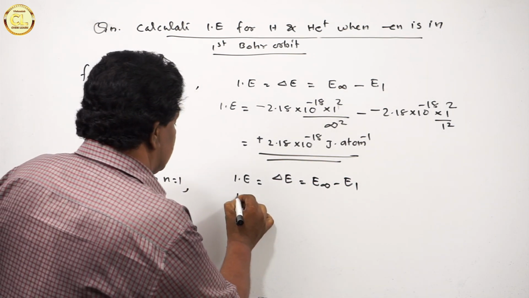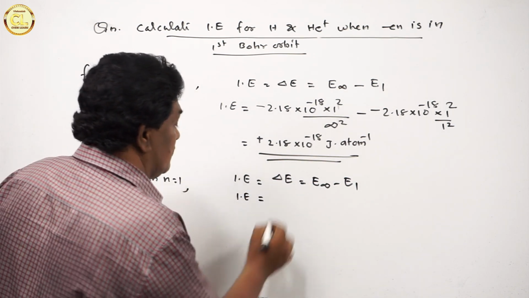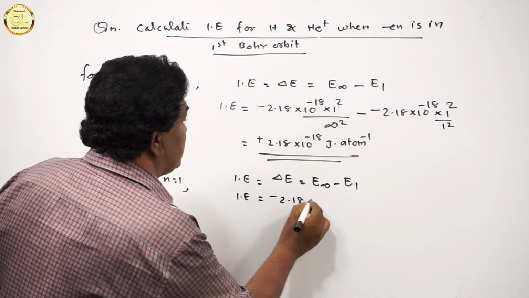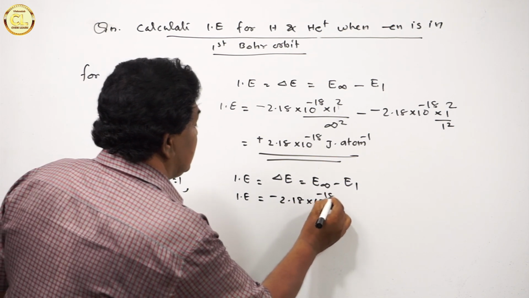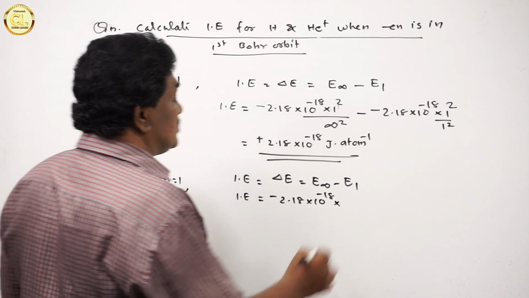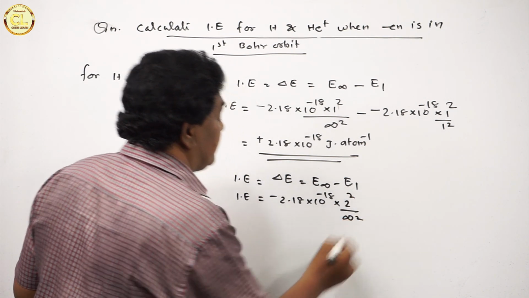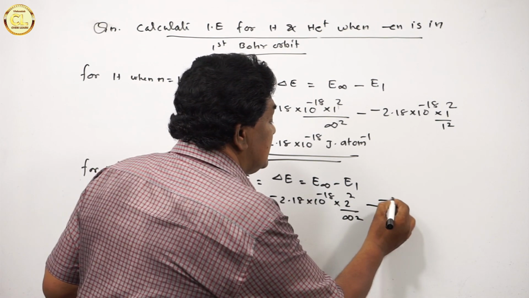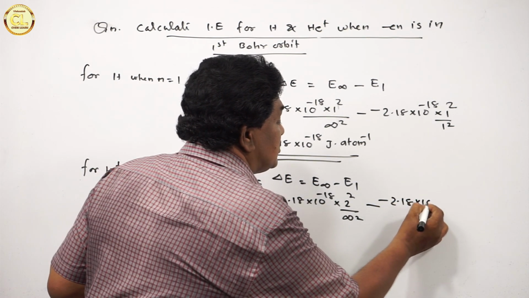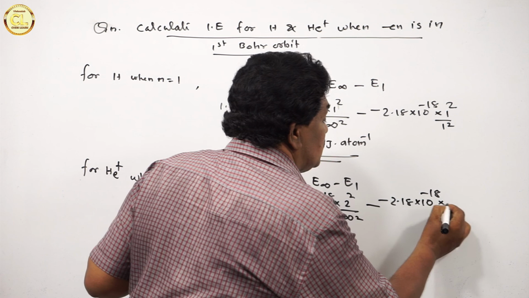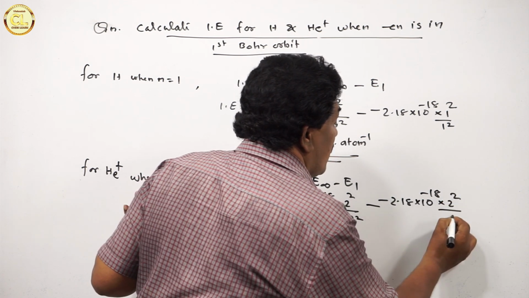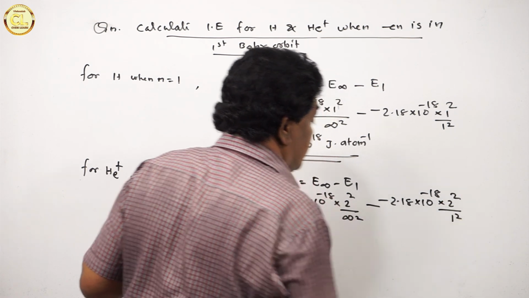That is, minus 2.18 into 10 raised to minus 18 into Z is 2 for He plus, so 2 square by infinity square, minus 2.18 into 10 raised to minus 18 into 2 square by first level, so 1 square.